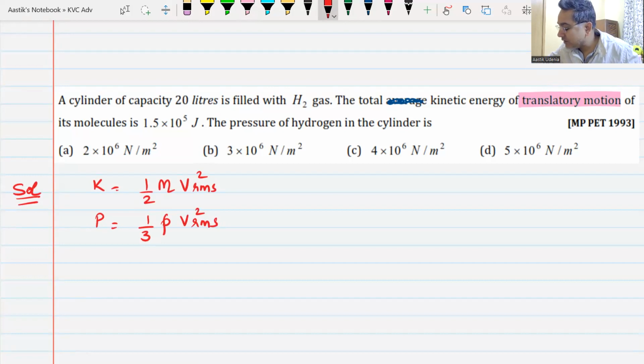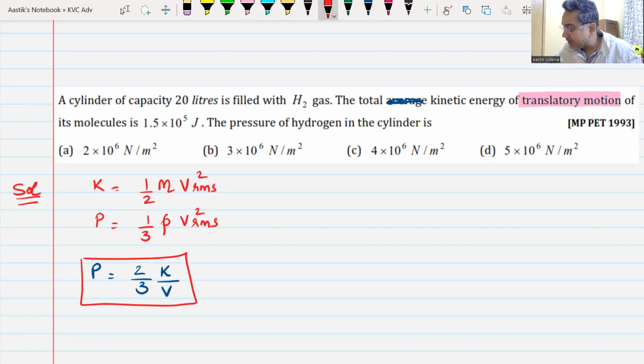From there, actually, you can find out this relation, and it is very simple. The total pressure will be 2 by 3 times the total kinetic energy per unit volume. You just have to put the result, get your answer, and stay happy. I hope you have got this. Everyone, this is the answer that we are looking at. Well done. Shall we move on to the next question?